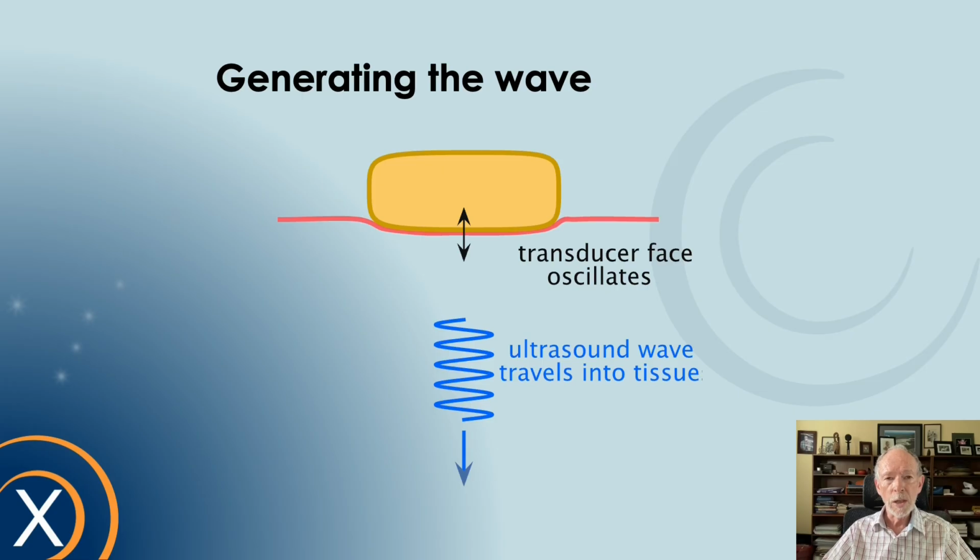So the transducer is vibrated electronically, and this transmits the vibrations to the skin surface, which causes pressure oscillations in the patient's tissues. The oscillations are extremely high frequencies, typically 1,000 times higher than audible sound frequencies, and the sound then travels through the tissues as an ultrasound wave.